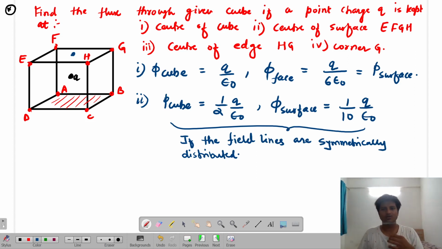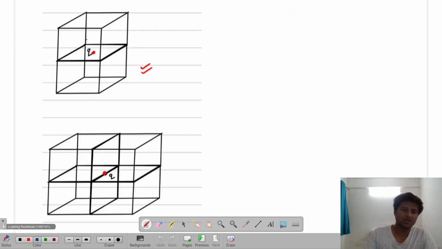Do the third case in a similar sense. So basically, remember, I'm telling you the trick. If I place the charge at the center of a face in one cube, only one fourth part is present.